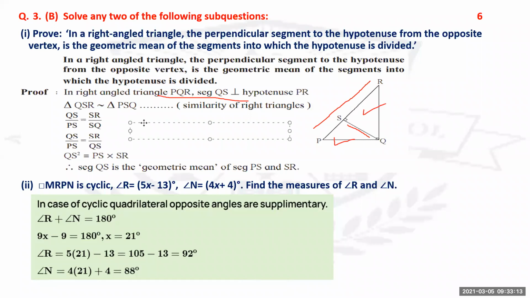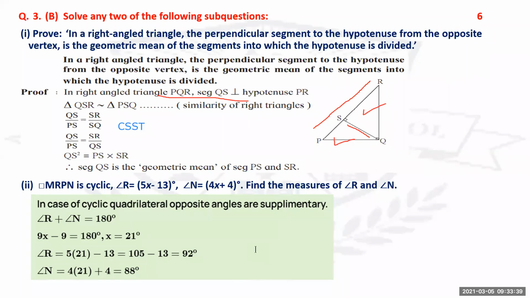Is this clear to all the students? So this is corresponding sides of similar triangles, CSST. So with respect to that, QS upon PS equals SR upon QS.